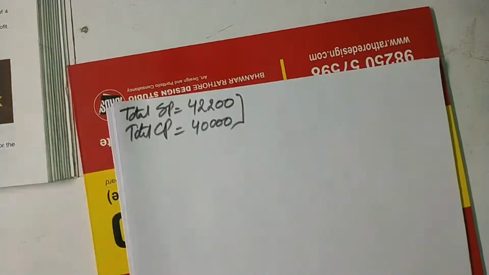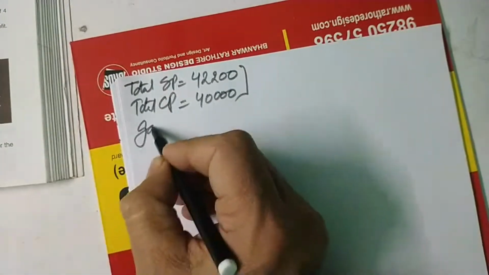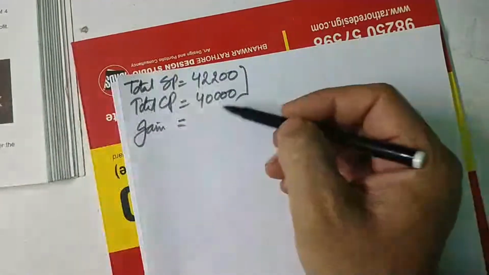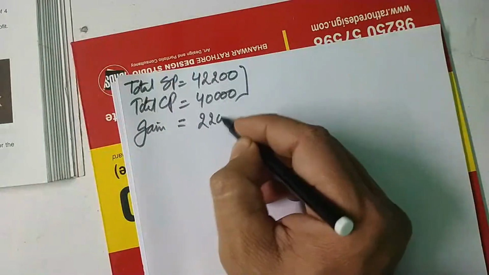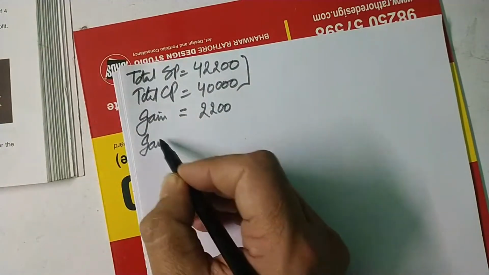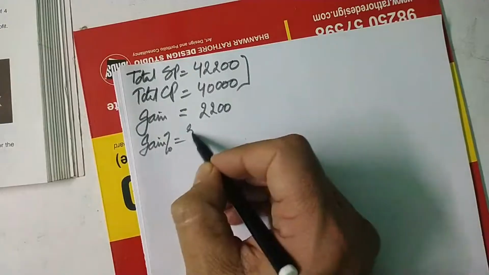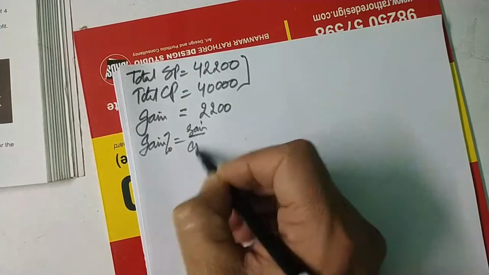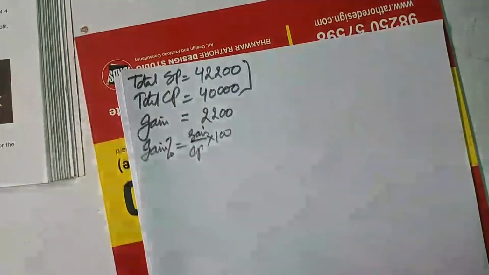How much is the gain? Subtract, it is 2,200, and then we will find the gain percent, which is equal to gain upon CP into 100.